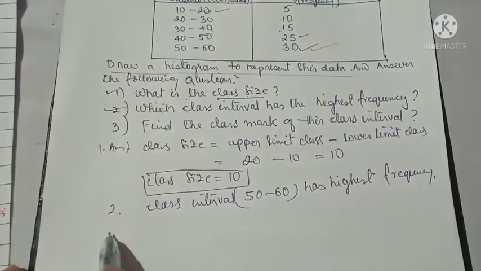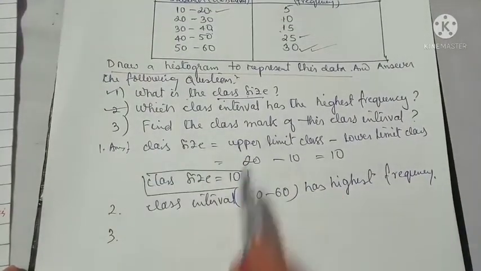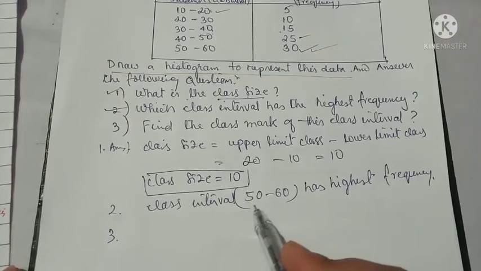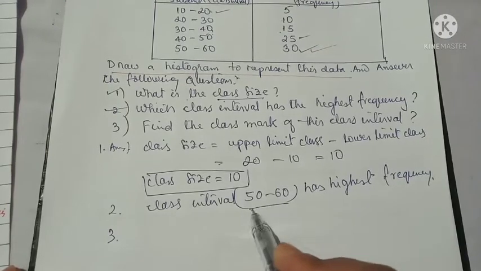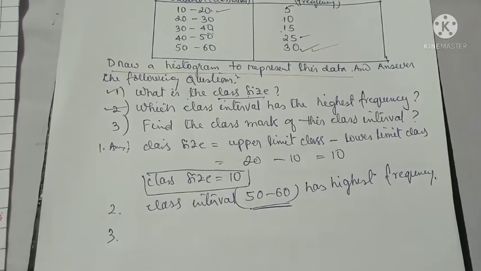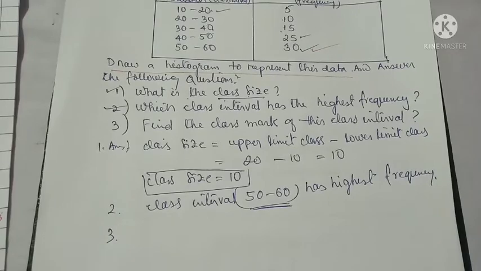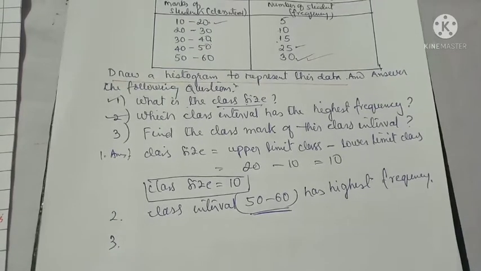Okay. Next, the last one. Question number 3 is: find the class mark of this class interval. You have to find out the class mark of this class interval. What is the class mark? We have already discussed the class marks. Class mark is the midpoint of a class. It is obtained by taking the mean of the upper and the lower class limit.